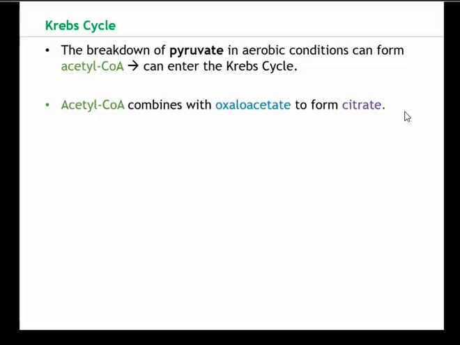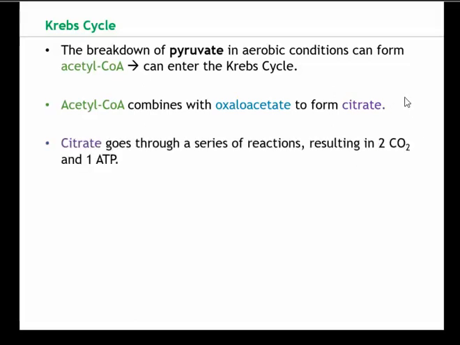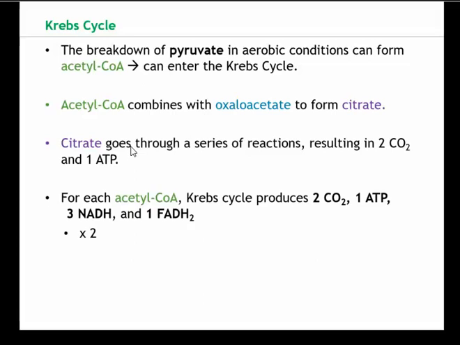We also lose the coenzyme A in that reaction. So that's how we get citrate. And then citrate will go through a series of reactions resulting in 2 carbon dioxides and 1 ATP. We also have 3 NADHs and 1 FADH2 produced after the end of 1 cycle. And then we times that by 2 because we had 2 acetyl-CoAs and the cycle occurs twice. So we double the products.